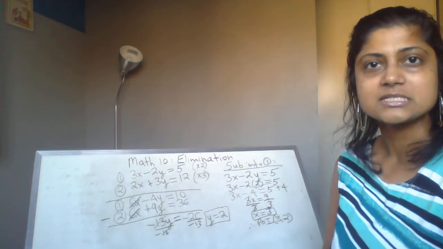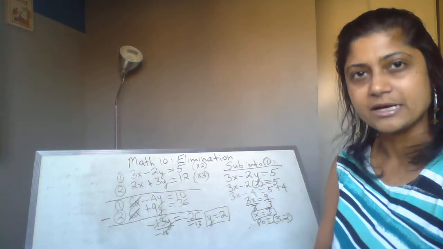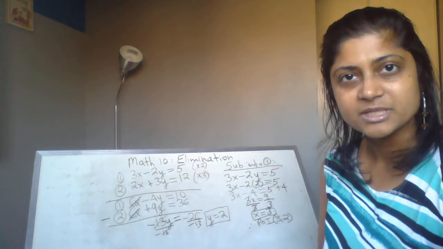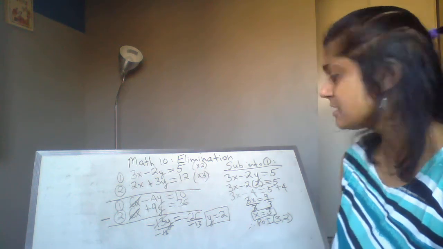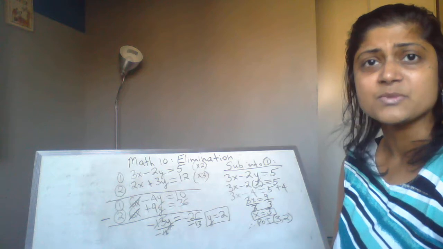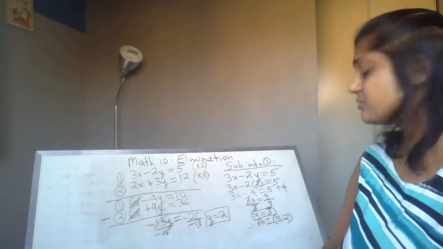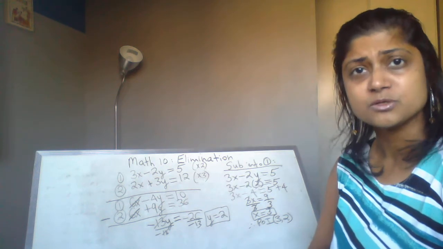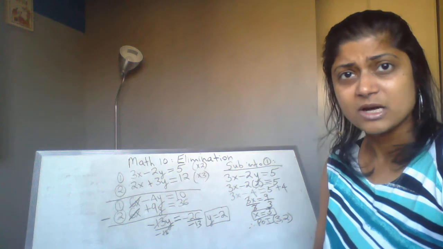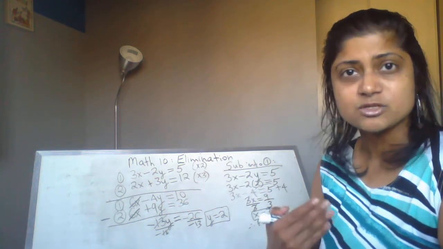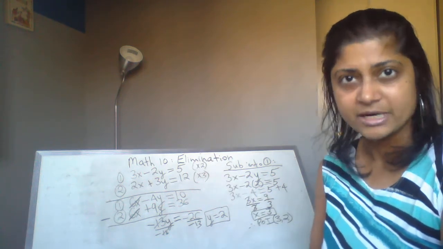Now say the question does not say to check your answer. That doesn't mean I shouldn't be checking my answer. I have my point of intersection as my final answer. The x value is 3, the y value is 2. I'm taking the x and y values, and I can even do a mental check in my head. I don't need to actually write it out.